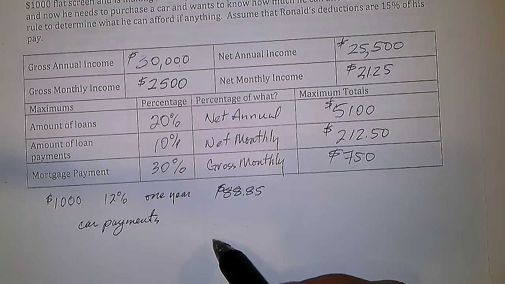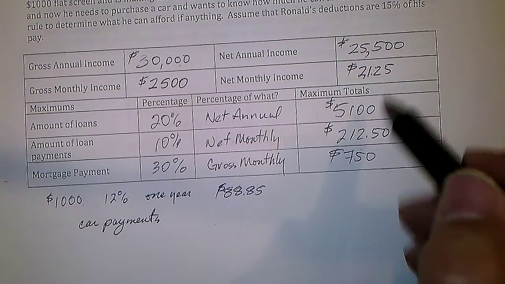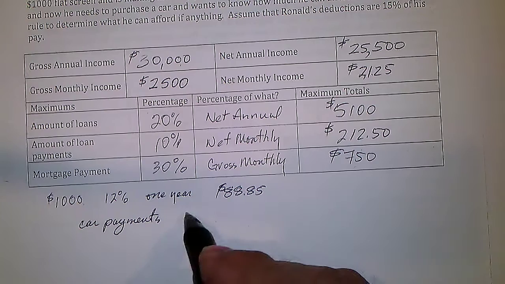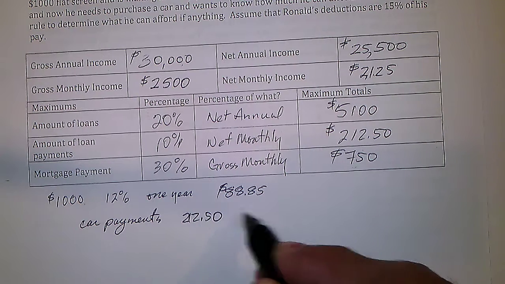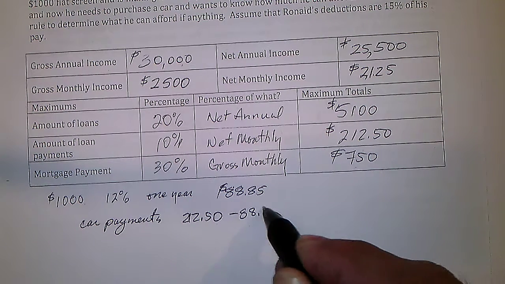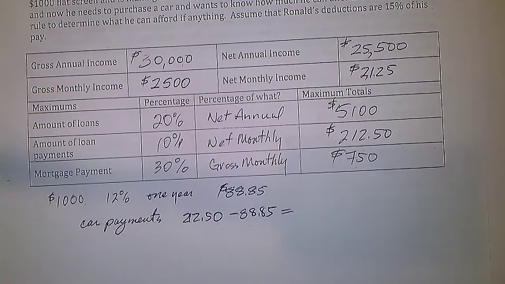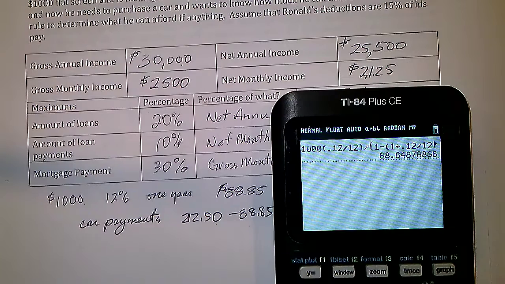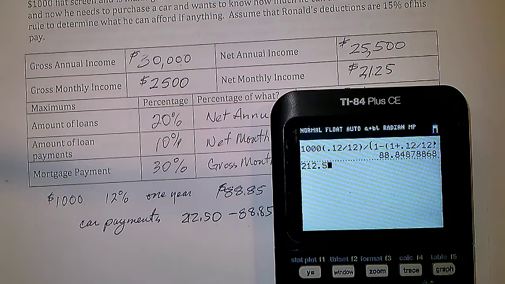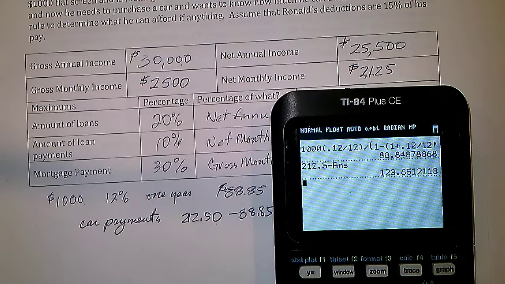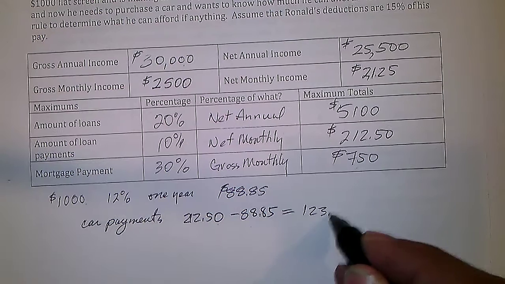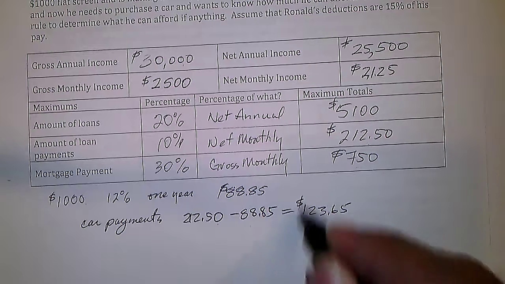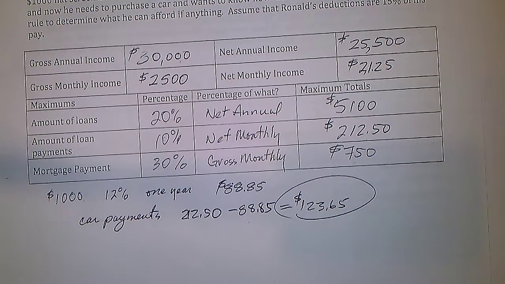His total payments can be $212.50 minus the 88.85, which is $123.65. He can afford that much of a car payment.